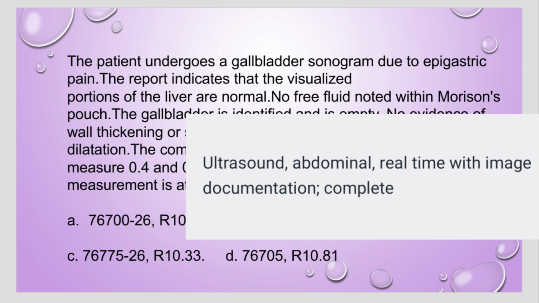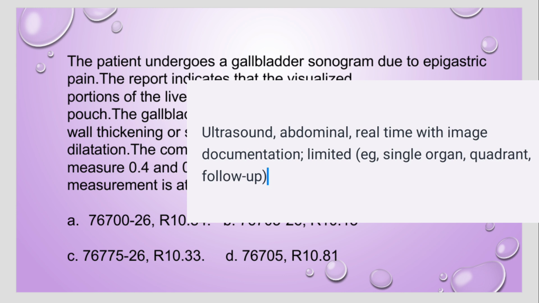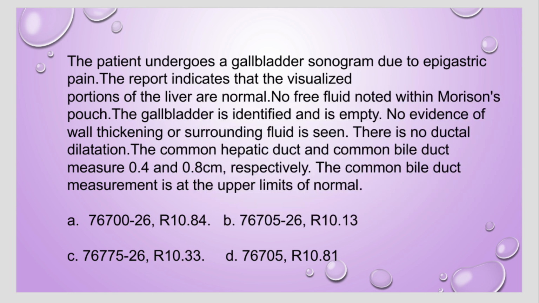So let's keep this option as of now. And the description for 76705 is ultrasound abdominal real time with image documentation limited. Example, single organ quadrant follow-up. Keep this as well since it is also abdominal, right?